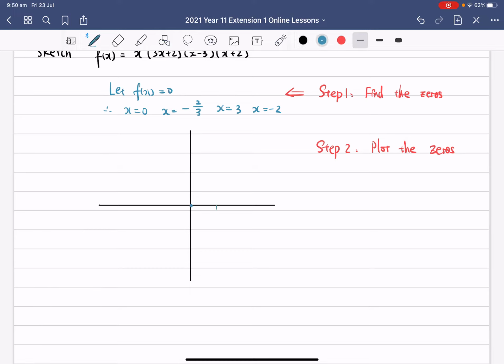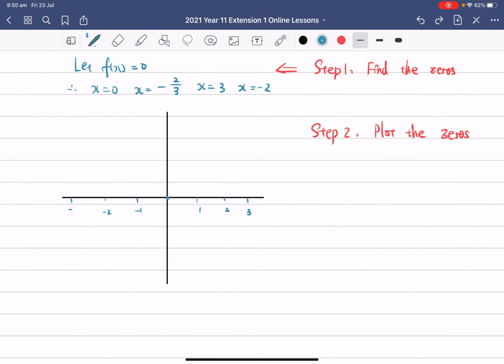Do your labels 1, 2, 3, minus 1, minus 2, minus 3. The next one is minus 2 on 3, which is roughly here. And then 3 is here, and the minus 2. So you've got 4 zeros. You can draw some big dots to indicate the function is eventually going to cross those points. So this is step 2 finished.